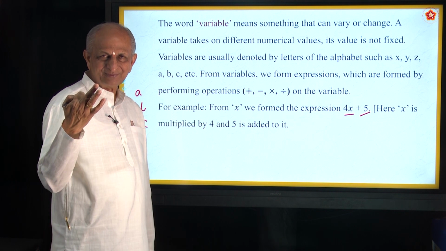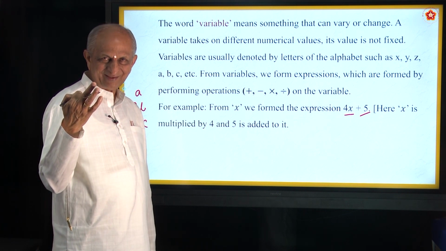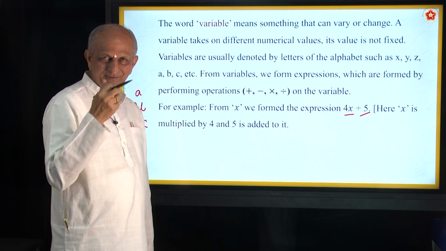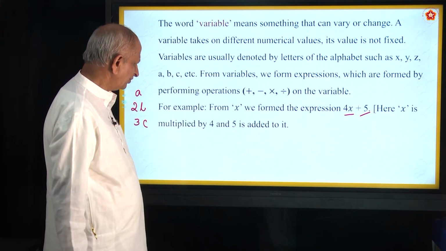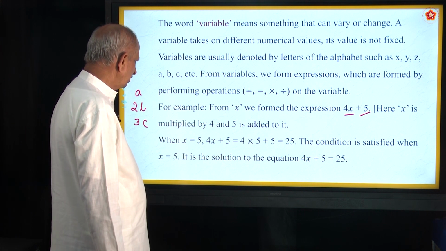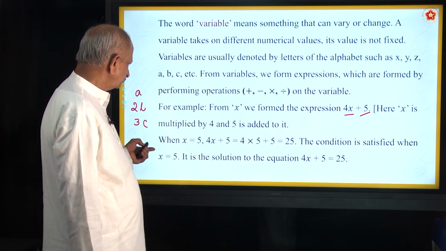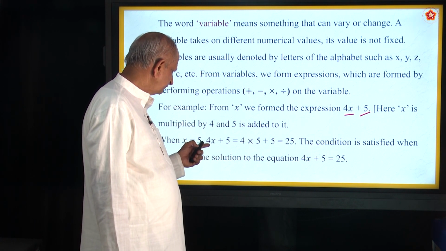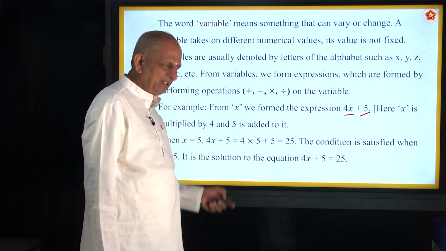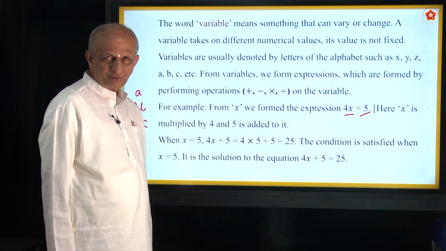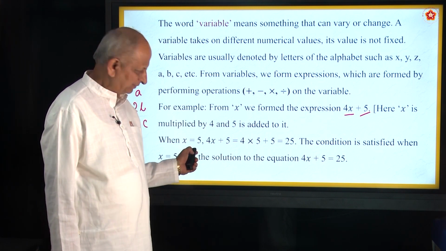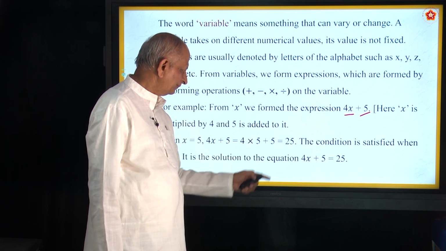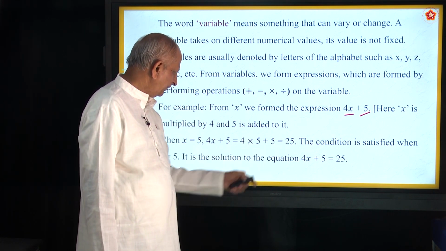Suppose there are 3 terms, come on, trinomial. 5 terms, polynomial. Okay. So, now when x is equal to 5, what happens? 4x plus 5 becomes, so what is that x called? Variable. So, 4 into 5 plus 5 equals 25.